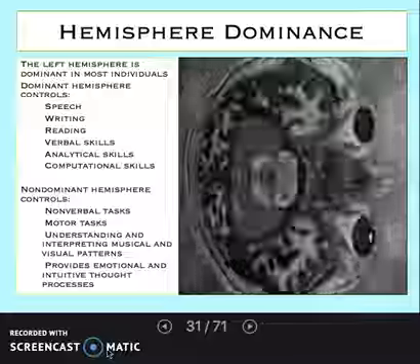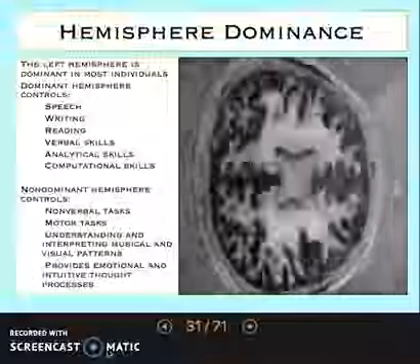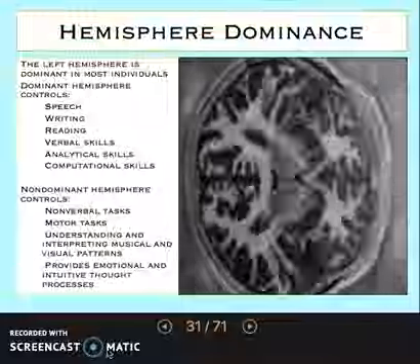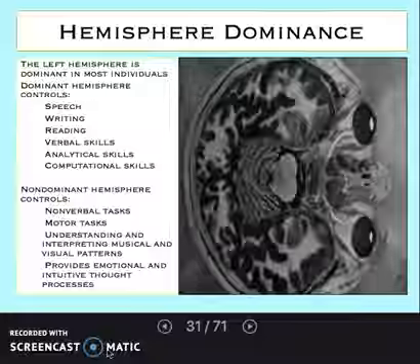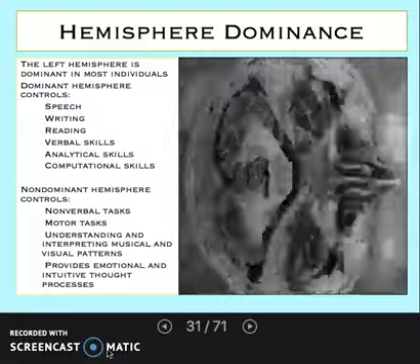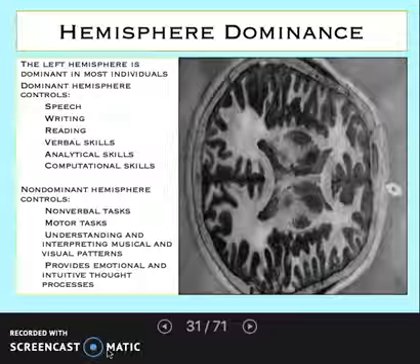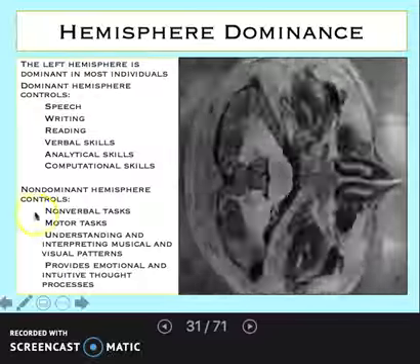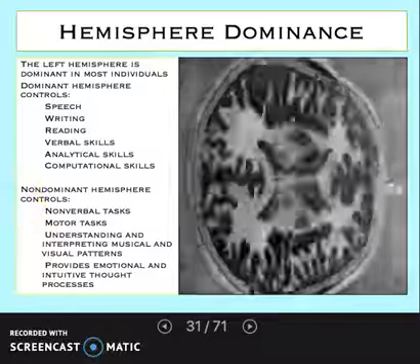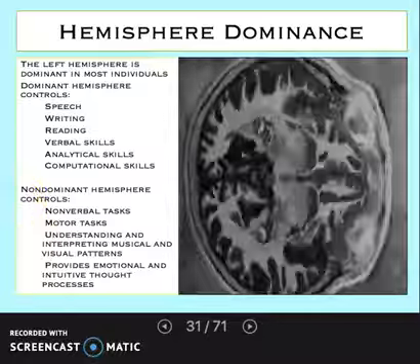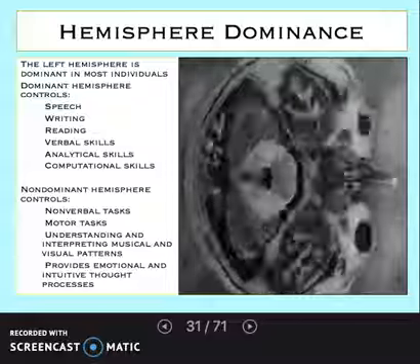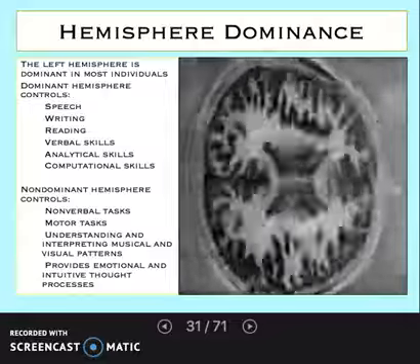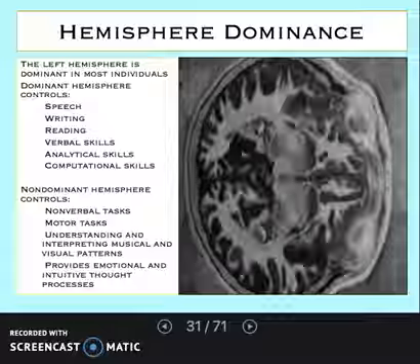We say that the left hemisphere is dominant in most individuals, and it's where these concrete skills like speech, writing, reading, verbal skills, analytical skills, math skills, and computational skills are. On the other side, in the right hemisphere, we have the non-dominant tasks that are thought of as more global, holistic, creative.